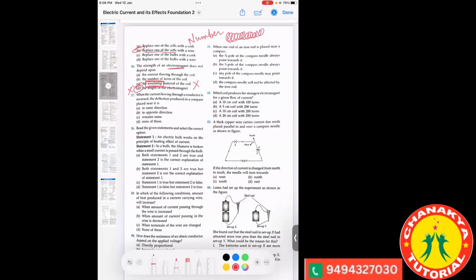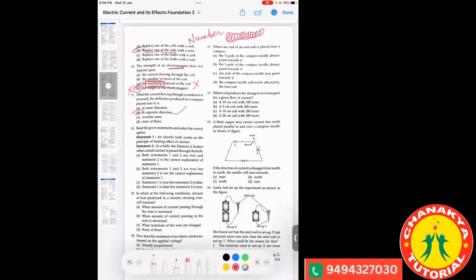Question number 37. Varshit. When the current flowing through a conductor is reversed, the deflection produced in a compass placed near it is. Ma'am, I wrote option B. Yeah. So option B is correct. Now what they have said is when the current is flowing through a conductor, a conductor is any material which can transfer the energy.